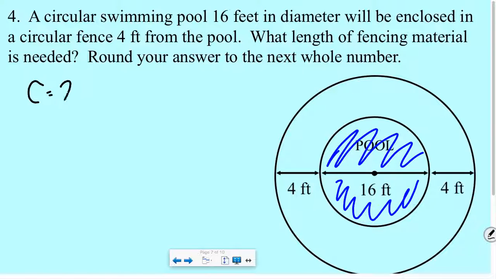So you have 2 ways. 2 pi r or pi times diameter. Find the circumference of the big circle. That's the one that's representing the fence, the big one. The little circle is the pool.